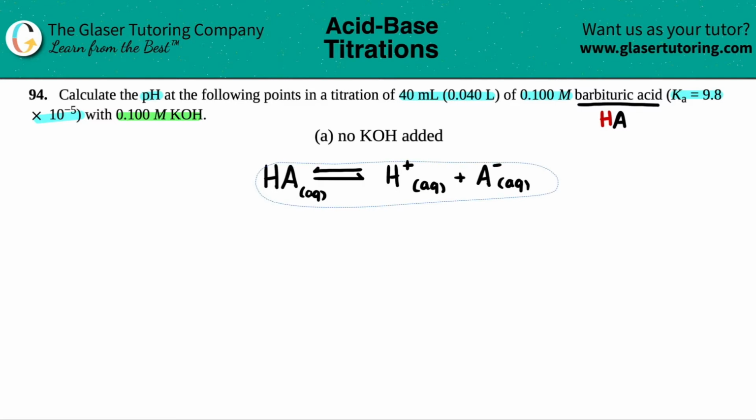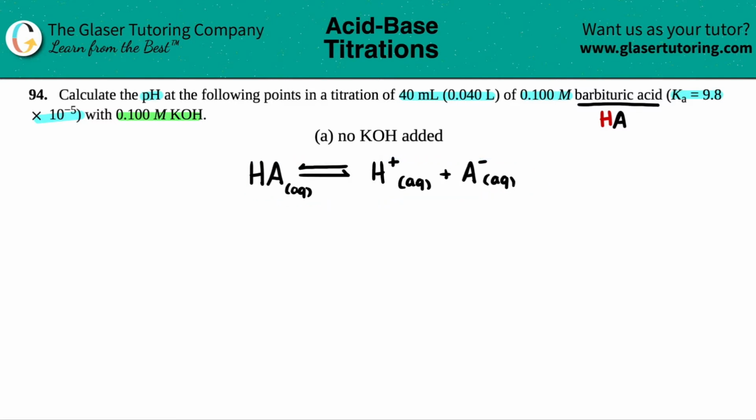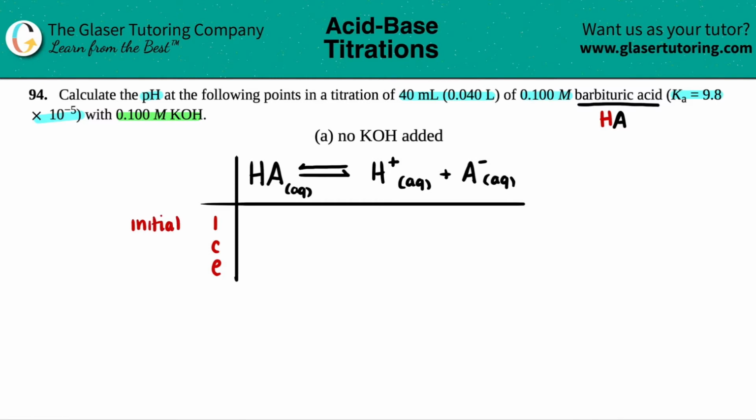All right, so now since we have the balanced equation, let's just do the ICE table. And we'll say ICE, right? I, remember, stands for initial, right? What you initially started with in terms of molarity.